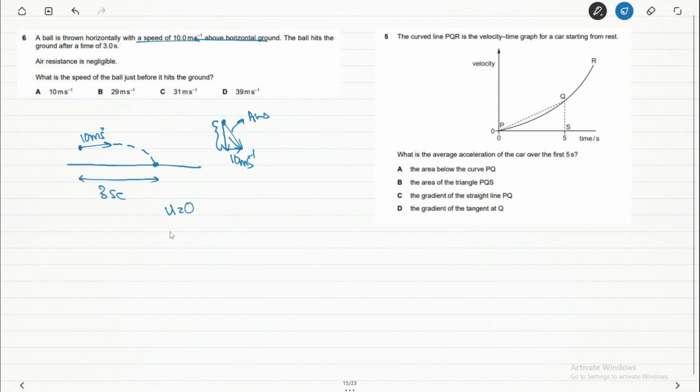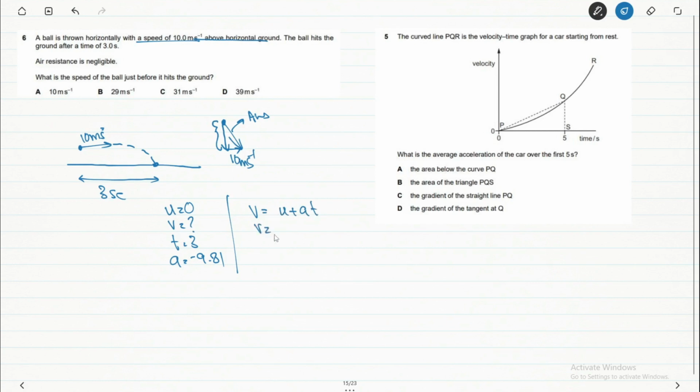U is 0. V is something we need to find. T is equal to 3 seconds. And another thing that we have is acceleration, which is negative 9.81. So V squared is equal to U squared plus, no. V is equal to U plus AT. This is the equation that relates all these quantities together.